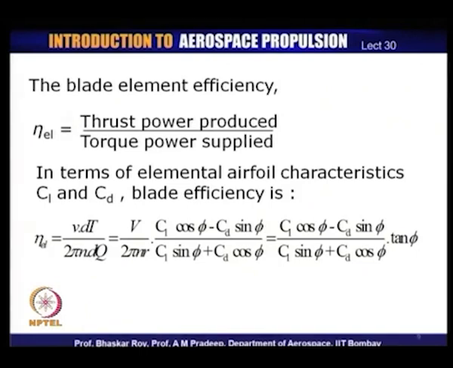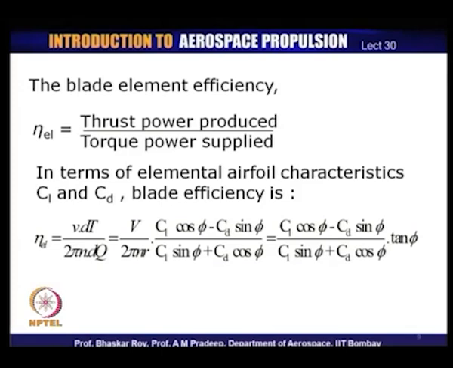So, these blade elements would have a certain basic elemental efficiency, which when blended together would give us the total propeller efficiency. The elemental efficiency, as per a known efficiency definition, is the thrust power produced by the particular element over the torque power supplied by the engine.